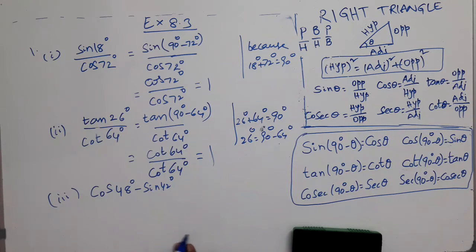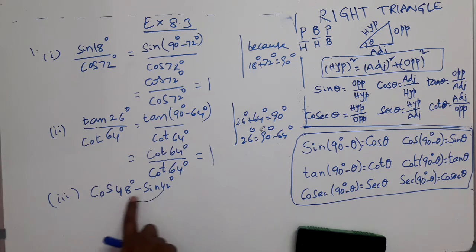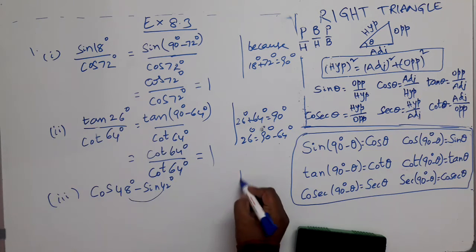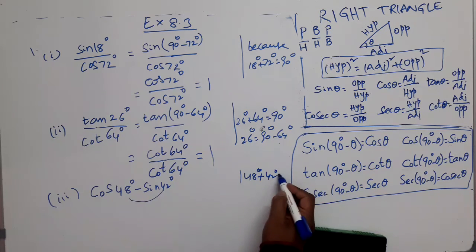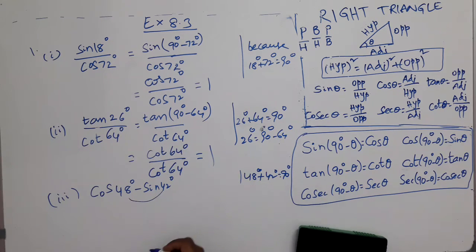You're thinking if there is any relation between these two angles. You're finding if they are complementary angles, because if they are, you can use this formula. You have observed that the sum of these two angles is 90 degrees. 48 degrees plus 42 degrees, what is the value? 90 degrees, right?